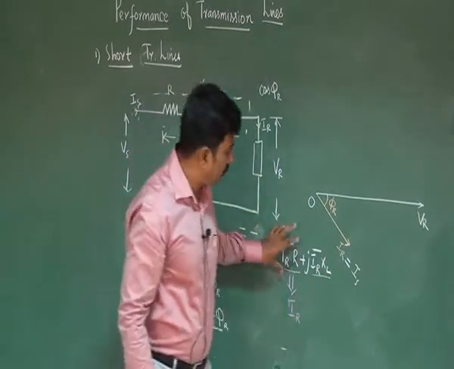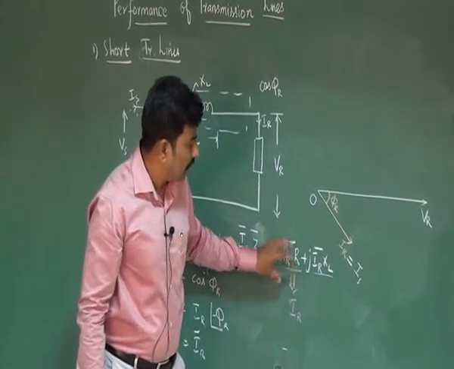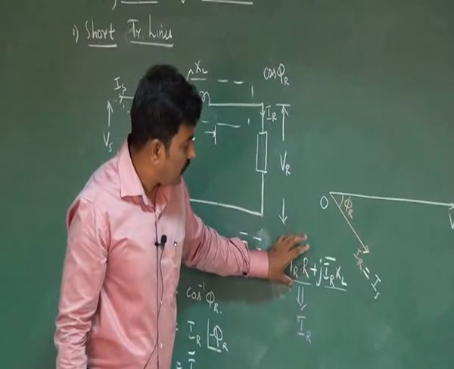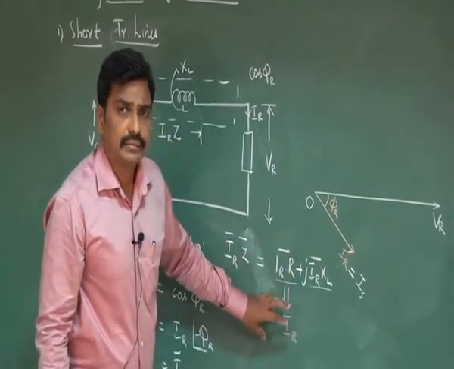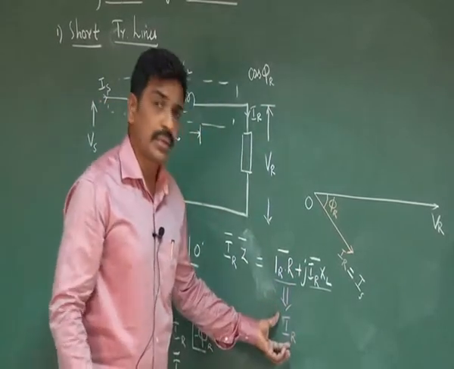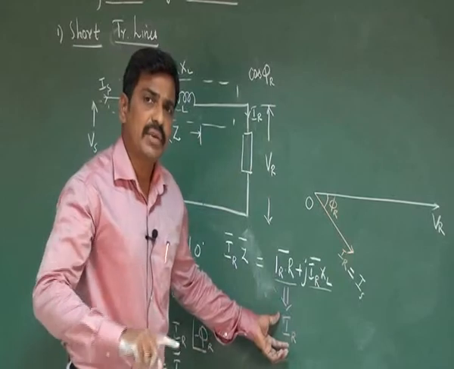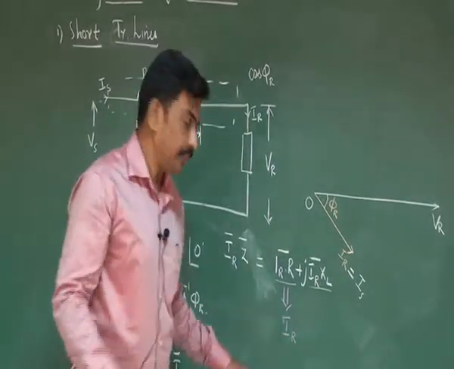If you want to plot the voltage drop IRR, the resistive voltage drop is always in phase with the current, or in other words, the current flowing through the resistance is always in phase with the voltage drop across that resistance, both the same.